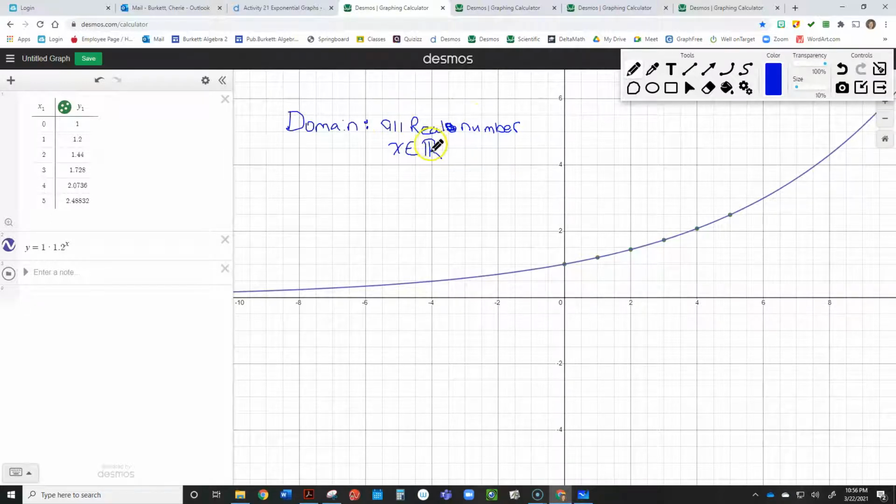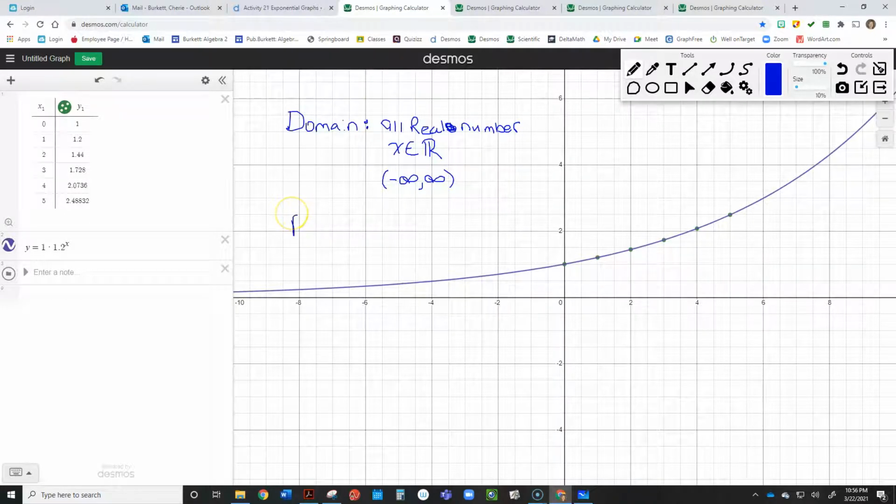These two things say the exact same thing. If you wanted to use interval notation, we did that at the very beginning of the school year, we would say my x values start on the left at negative infinity and they stop at positive infinity. So there's saying it in words, that's saying those same words just using symbols, and this is using interval notation. So that's how we can talk about the domain.